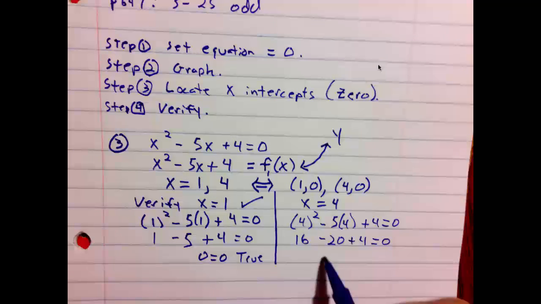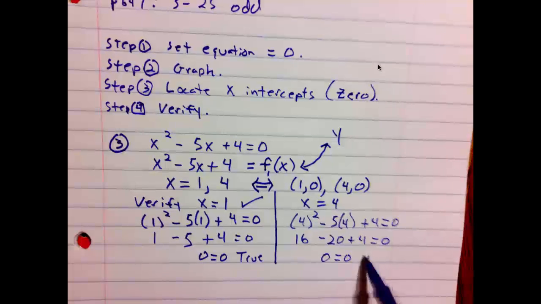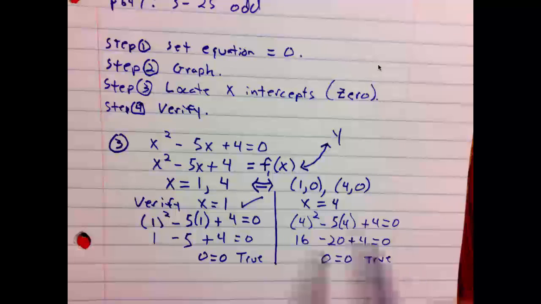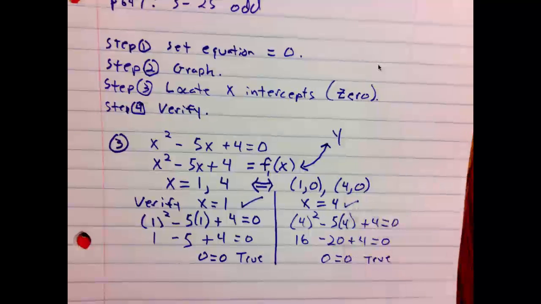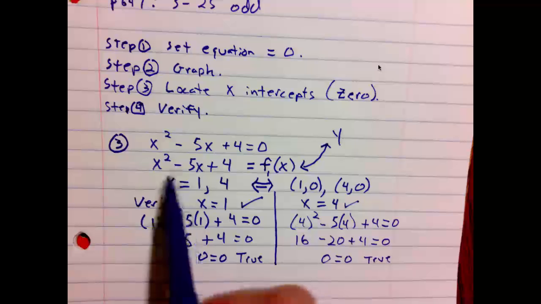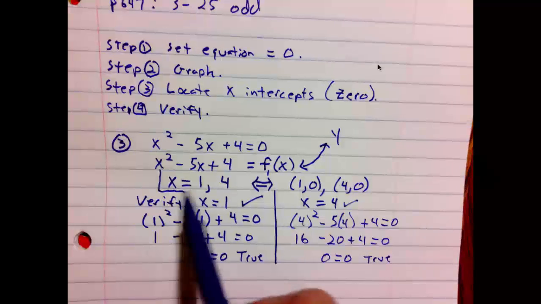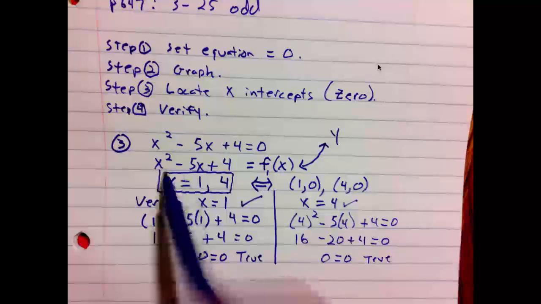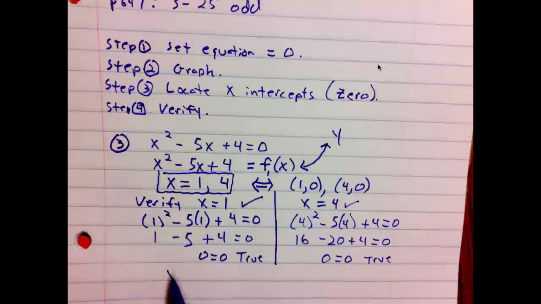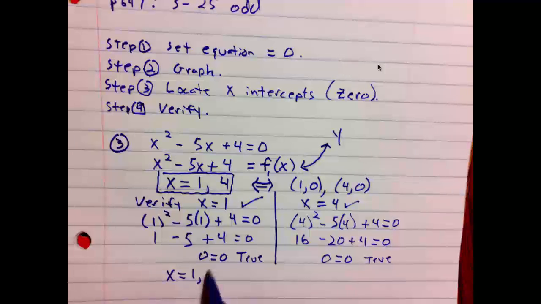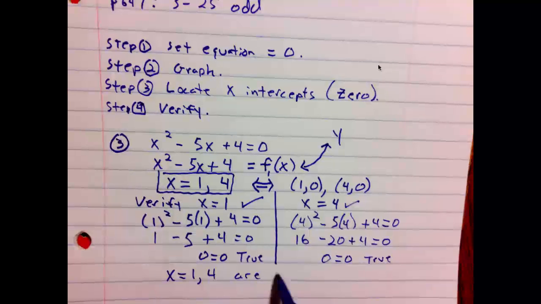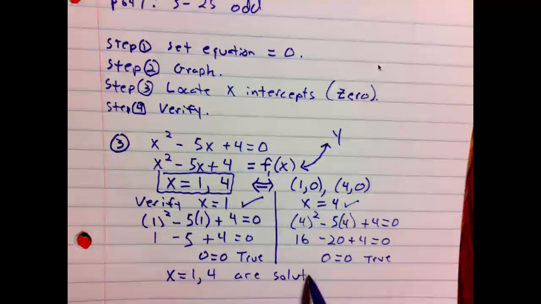That is 0 as well. Again, we have 0 equals 0. This is true. Therefore, x equal 4 is a solution. So finally, we know that x equal 1 and 4 are solutions to our equation.